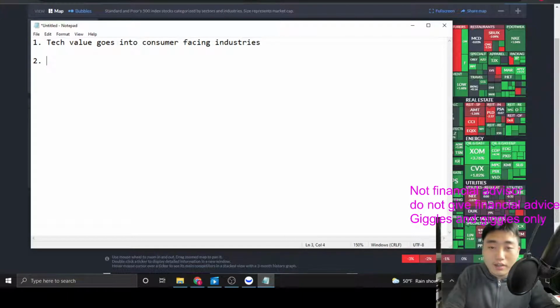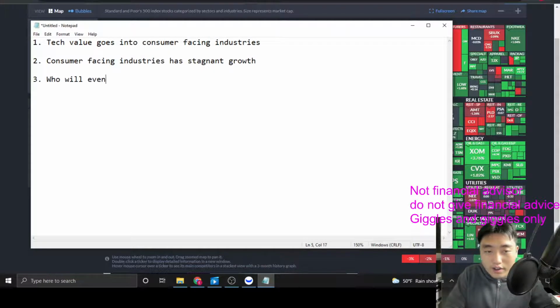And the dilemma here is consumer facing industries have stagnant growth. Therefore, who will eventually be the winner? It will be the financial institutions.